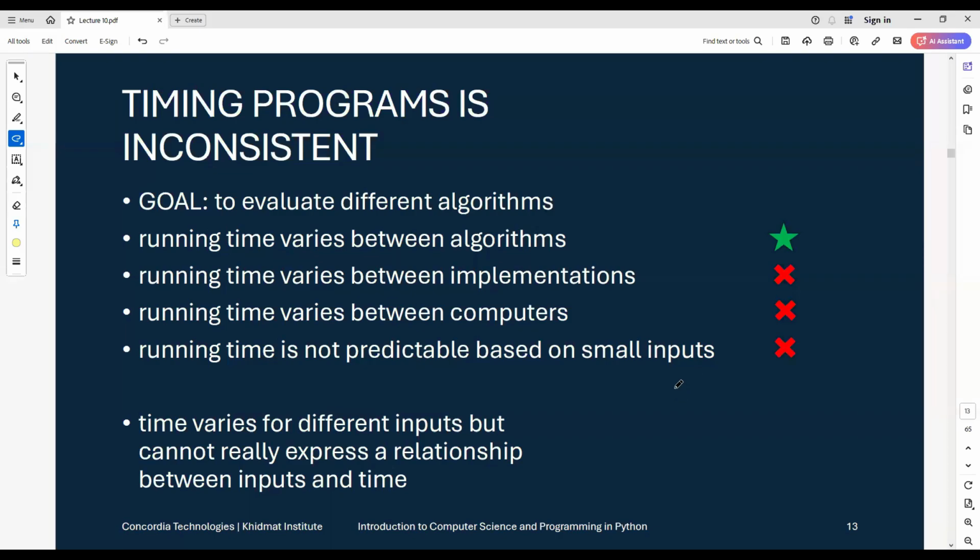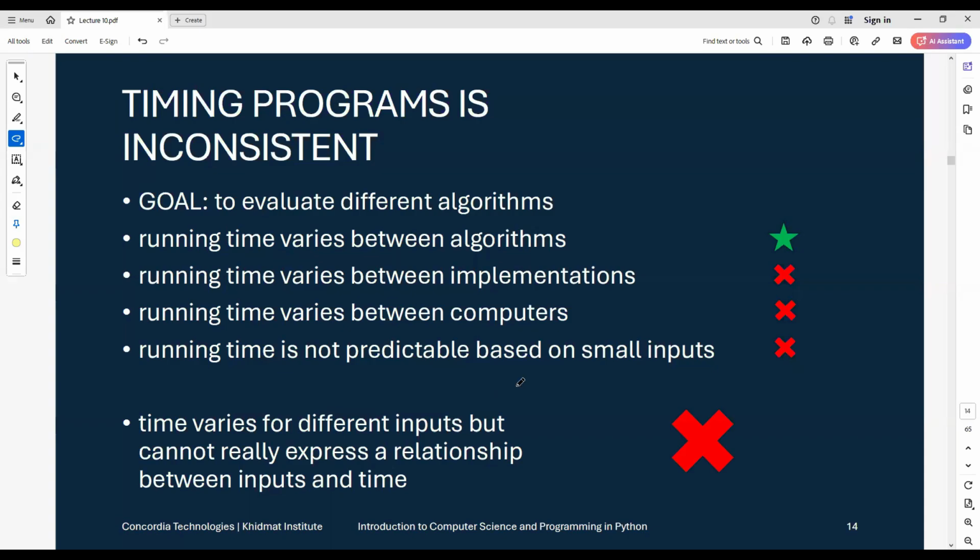And time is not predictable because the input here was just an integer, whereas when we talk about complex algorithms, they depend on large lists or other kinds of inputs that make the calculation very hard.